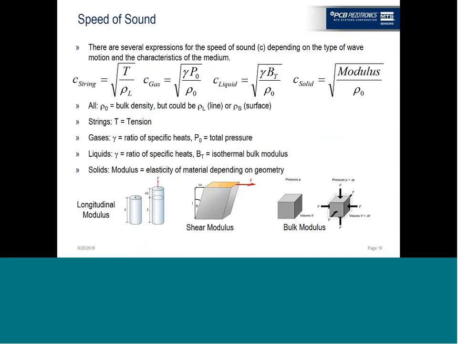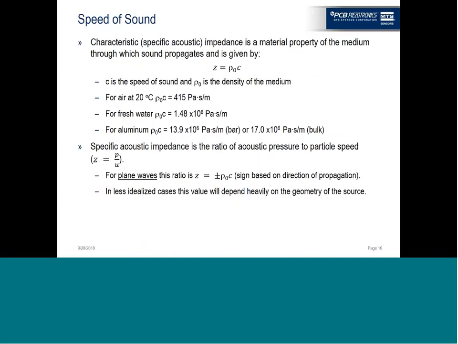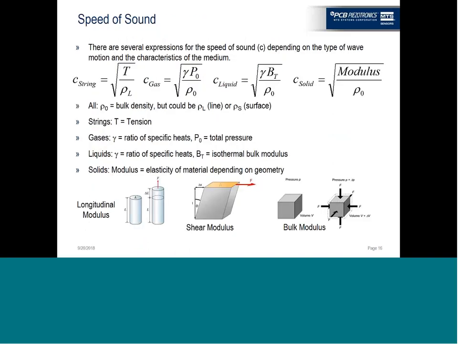The speed of sound. This is acoustics, so the majority of what we're going to work with is going to be in air. However, basically every material has a speed of sound as one of its material properties. For strings it's the square root of the tension divided by the linear density. For gases it's the ratio of specific heats and the total pressure divided by the density, square root of all of that.